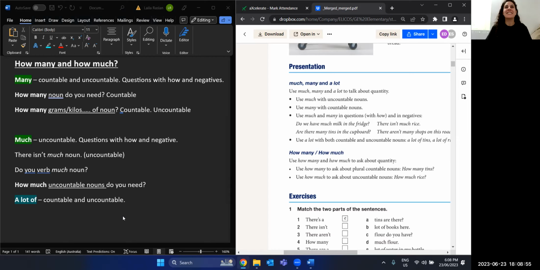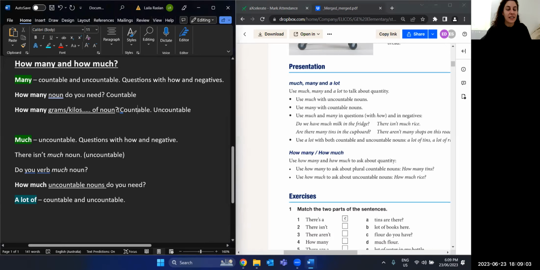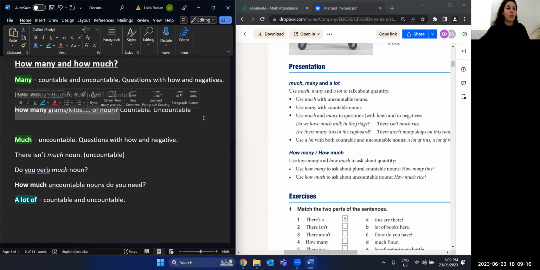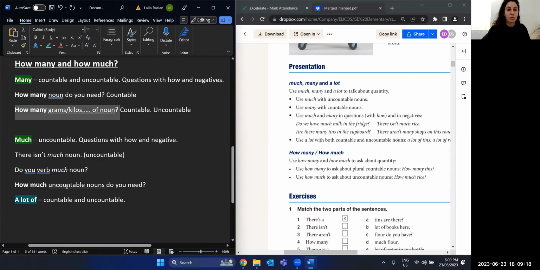I want some rice. How many kilos? So you can say this one if you want. How many kilos of rice do you want? That's with the uncountable rule. Yeah, perfect. 2 kilos. Or you can also say, how much rice do you want? So you've also got this rule as well.